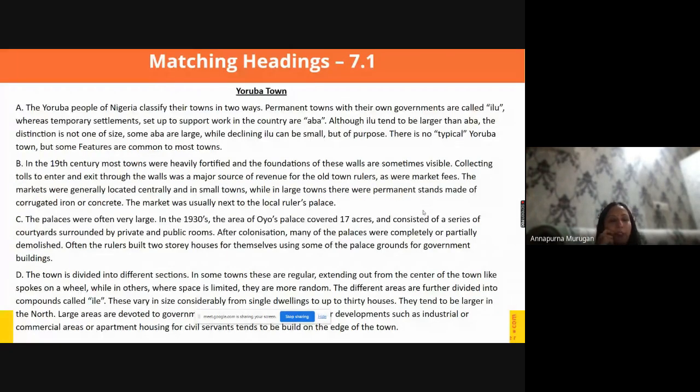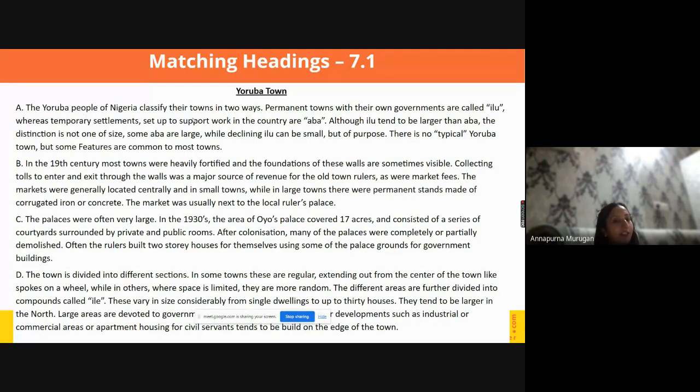For example, now these are heading questions. Here I'll be reading only one particular sentence from these small paragraphs we have. So let us read and understand properly, and let us see what it is trying to say. The Yoruba people of Nigeria classify their towns in two ways.